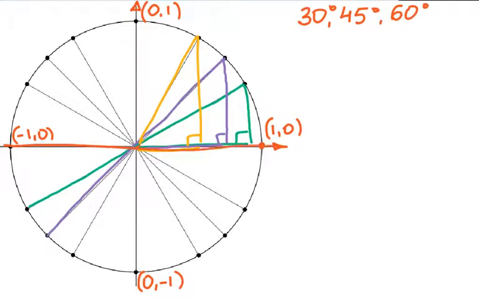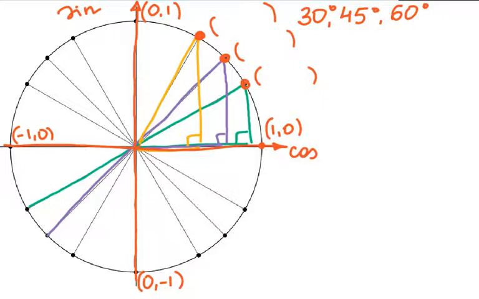For every single one of them, what you need to know here is, instead of calling this horizontal line x, I'm going to call it cosine, and instead of calling this vertical line y, I'm going to call it sine. So for each specific angle, there are coordinates, and if you have already taken the class where you had to memorize right triangles, there are only certain numbers that you can have for sine and cosine.